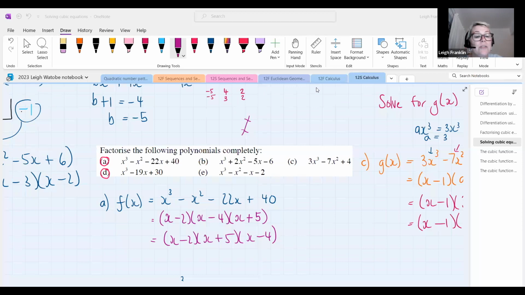Okay. Question D. Anybody want to share their answer with us that they got for question D? Nolatundo, your hand shot up. Go for it. What did you get for D? Okay, hi ma'am. I got the first bracket is x minus 2. The second one is x plus 5. And then the last one is x minus 3.